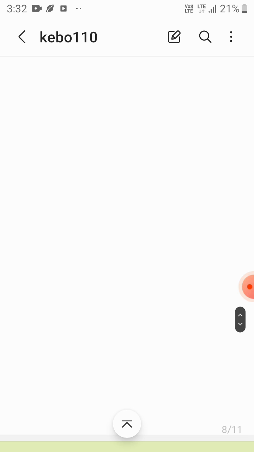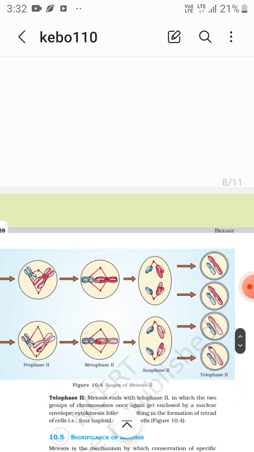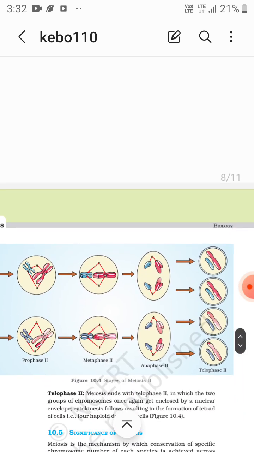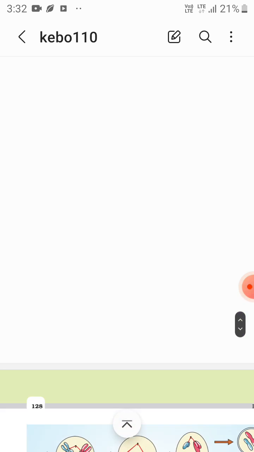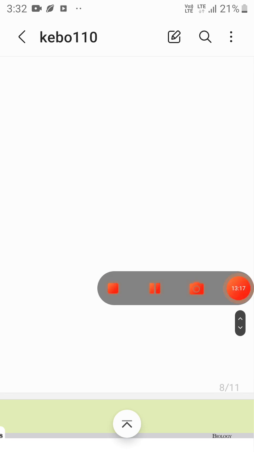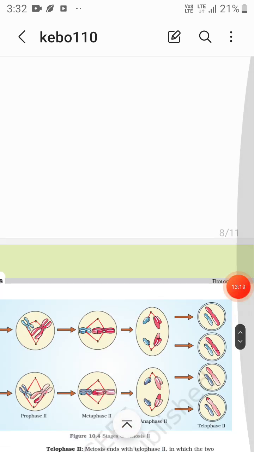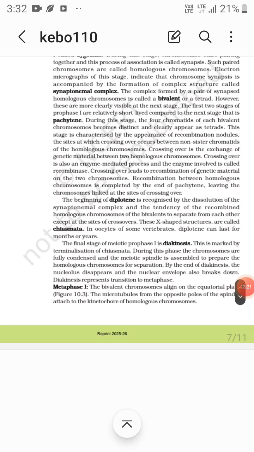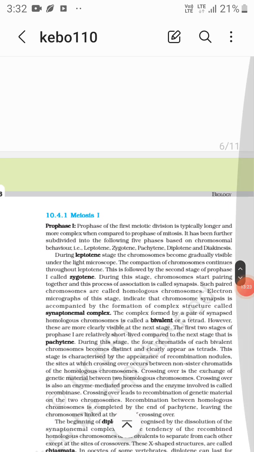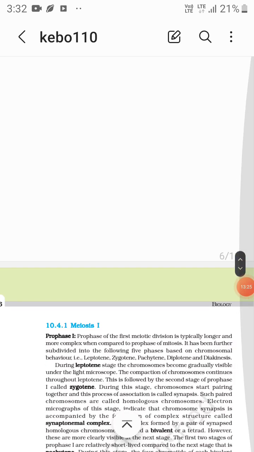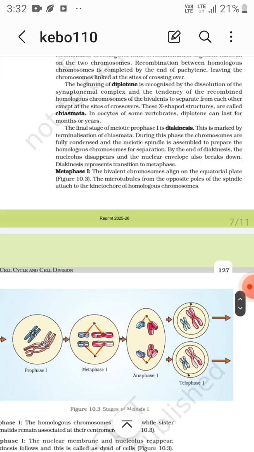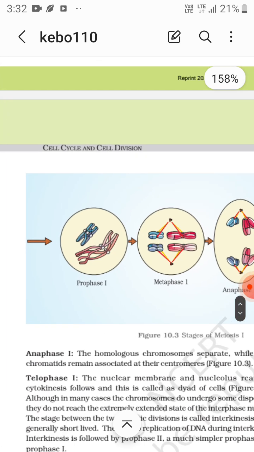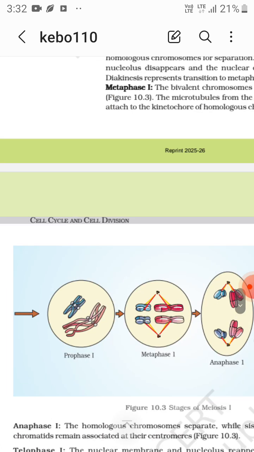Again I can explain some diagrams, because these diagrams are very important. Prophase 2, then metaphase 2, then anaphase 2, then telophase 2, and here it is, prophase 1.